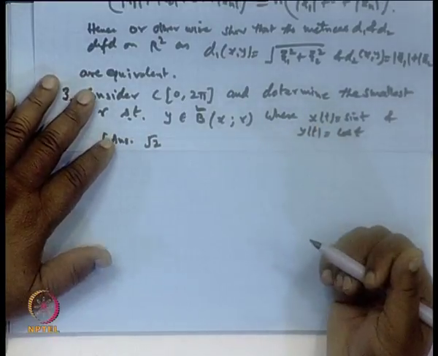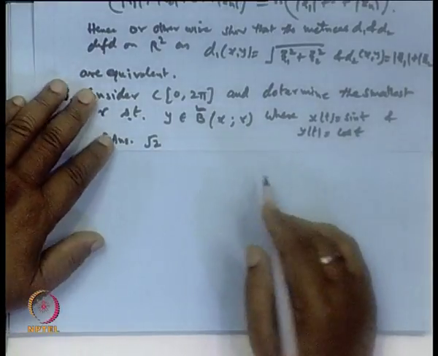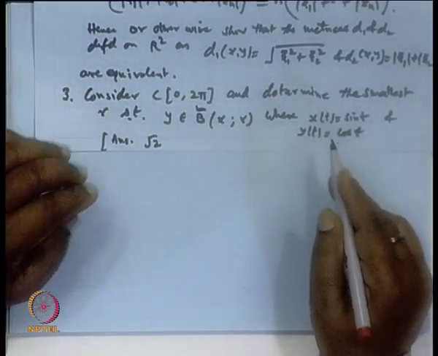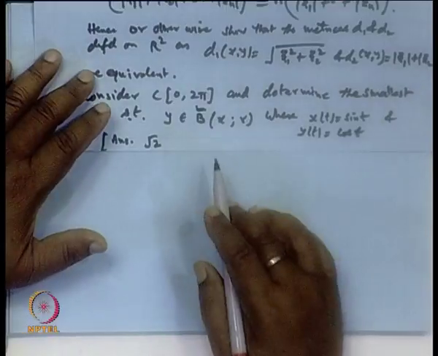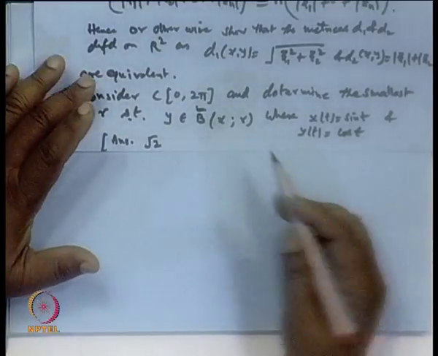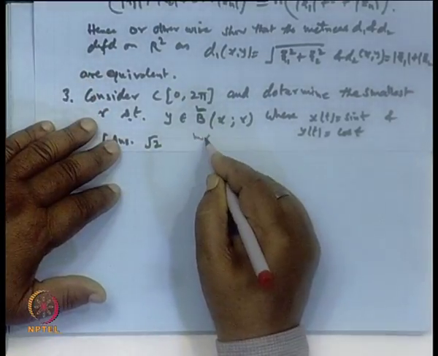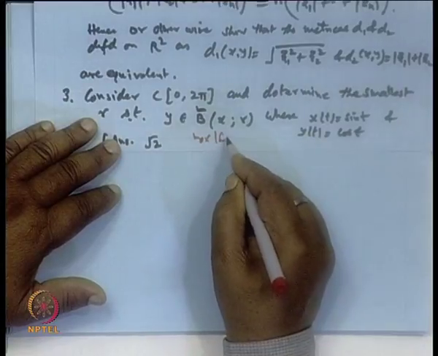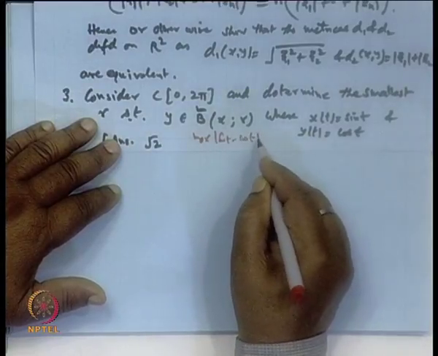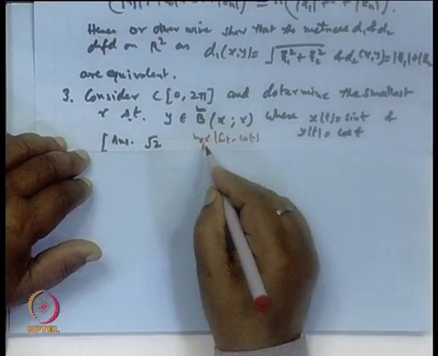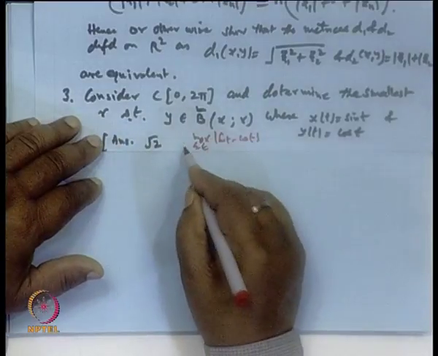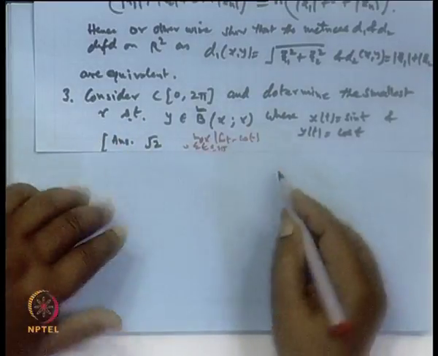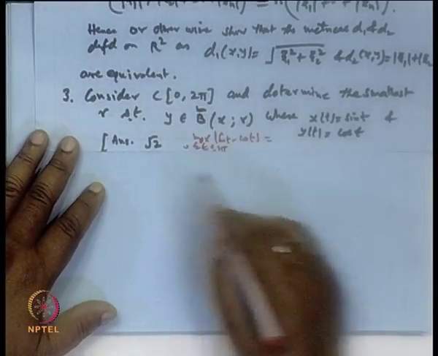What is the closure property? The closed ball is the set such that distance is less than or equal to r. So, you find the maximum of sin t minus cos t, where t belongs to this interval, and the maximum value will come out to be root 2.